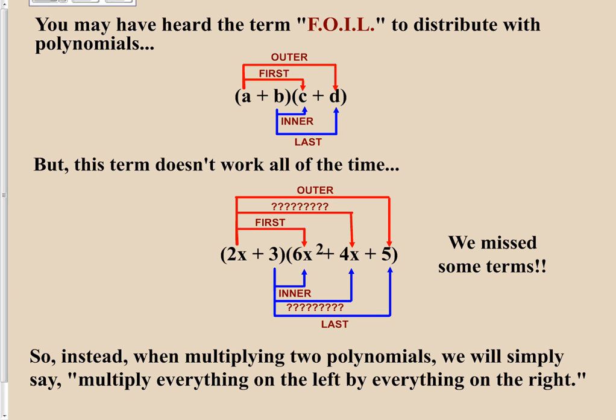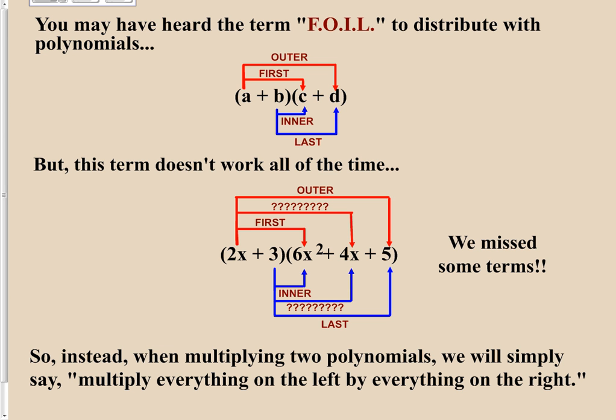The problem arose with a problem like this one that you're seeing in the center of the screen now. If you try to apply the FOIL method to something like this, you can see that there are a couple of bridges that are being built there that are not covered by the FOIL method. This is why high school teachers lobby against junior high teachers teaching you things like FOIL, because it does not cover everything that you're going to see.